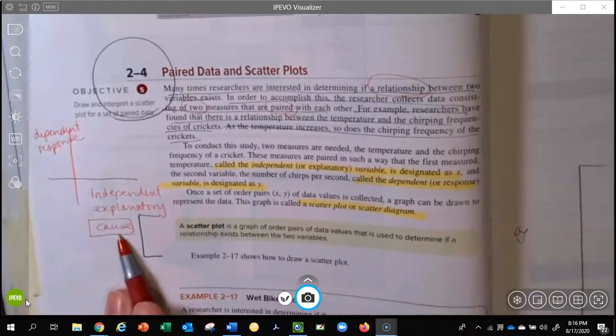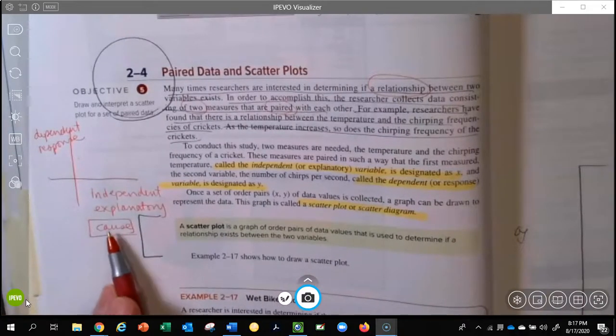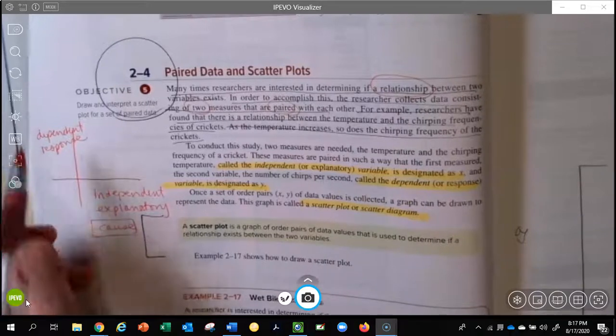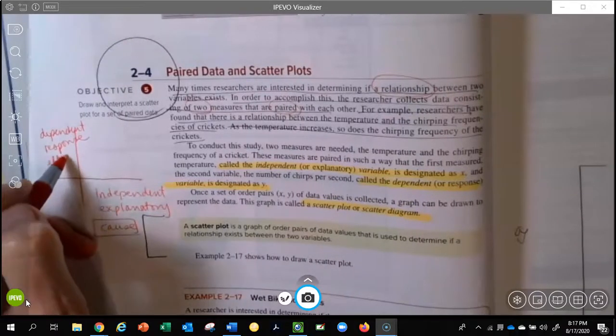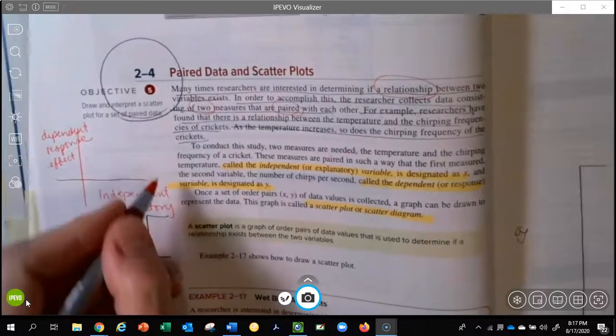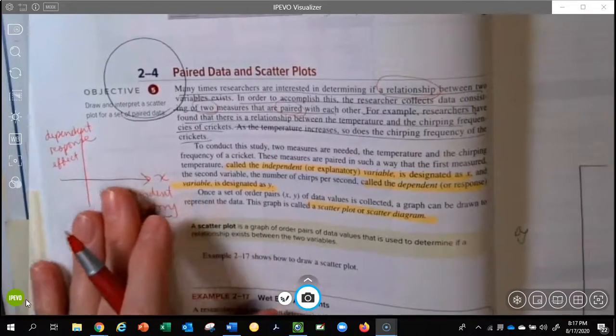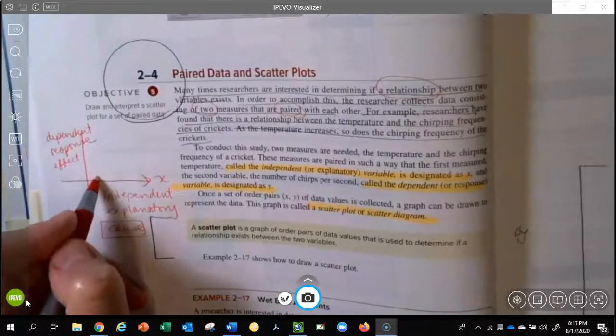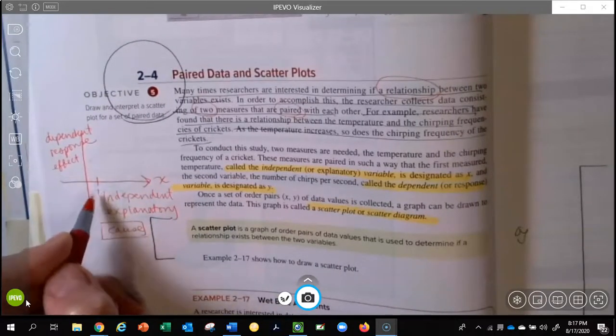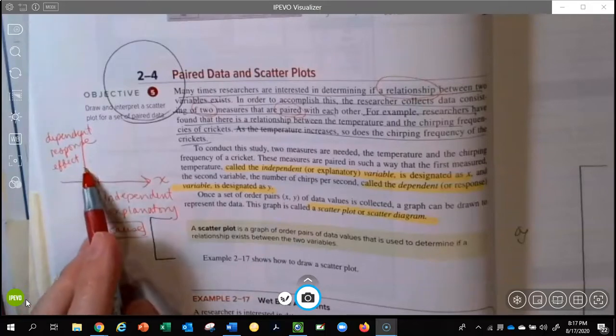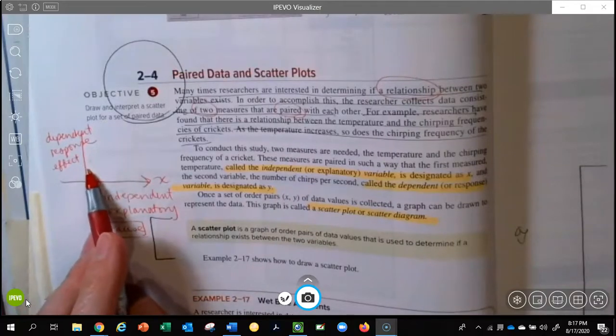Now again, I'm going to say this word and I'm going to scribble it out. In science, you have cause, and then you have the effect on that cause. I need you to see that this is the x-axis, and it is going to be like if I use 1 gallon of gas, then I have gone 24 miles in my car.